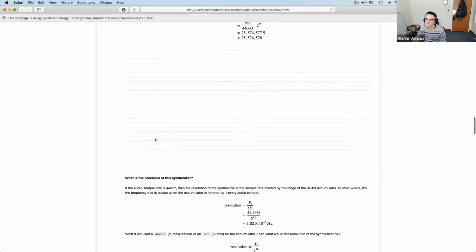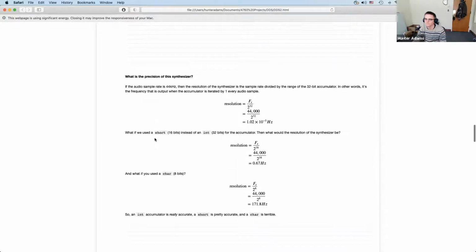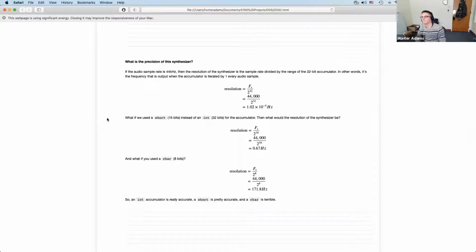Okay. So let's talk a little bit about precision. What is the resolution of our synthesizer using an accumulator variable with 32 bits in it? We can arrive at this by, but this is essentially the same as asking, what is the frequency that is output when the accumulator is iterated by 1 unit every audio sample?